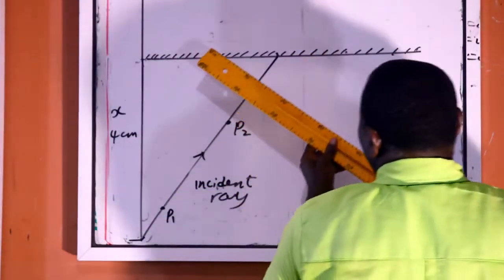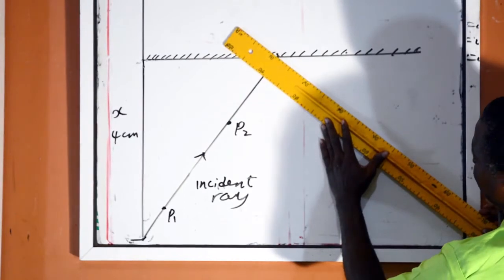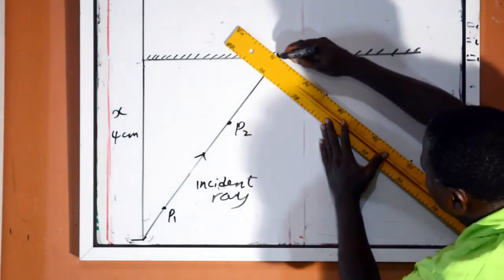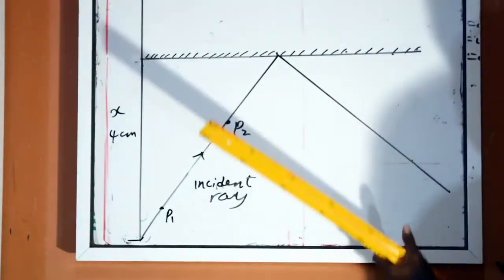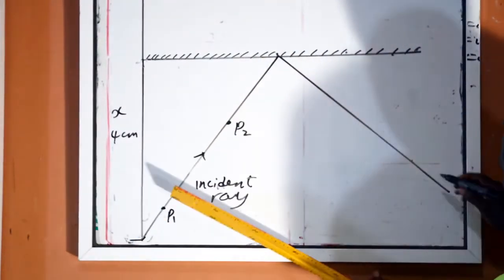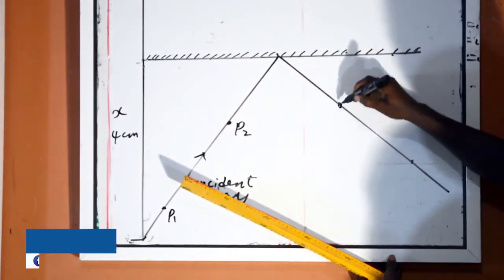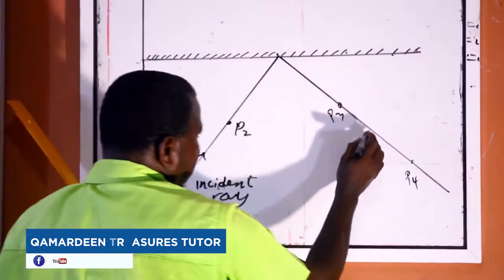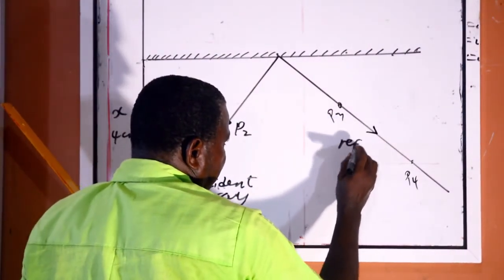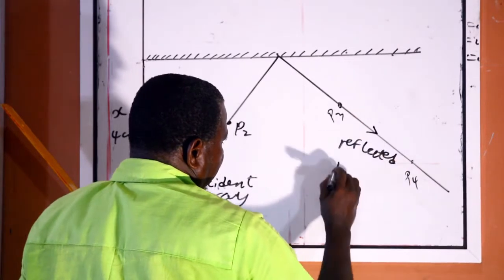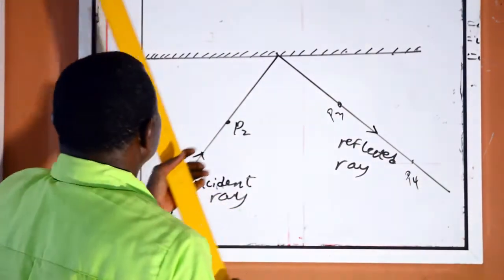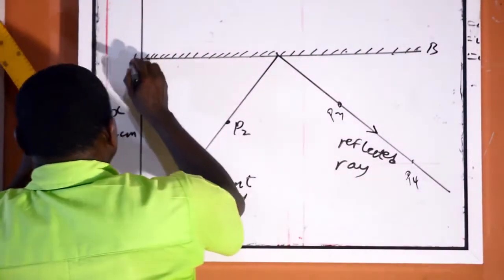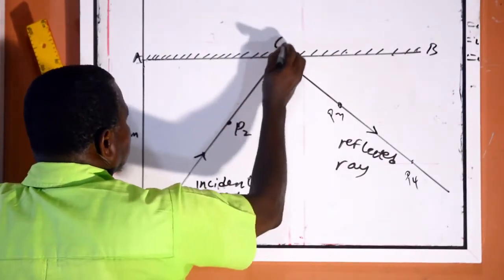You now use another pin, P3 and P4, to locate the image of these two pins. So this will be P3, and this will be P4. This symbol means that this is reflected ray. So this is B, this is A, this is C, this is Q.